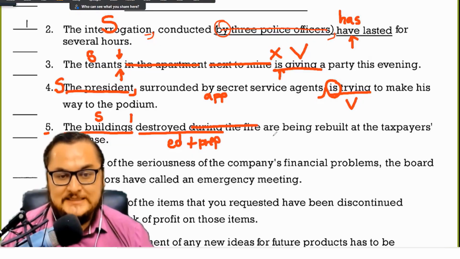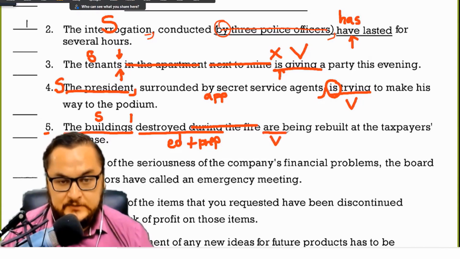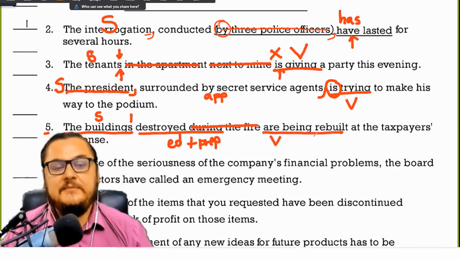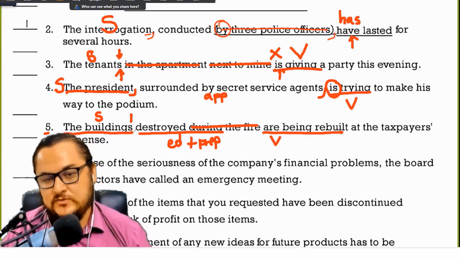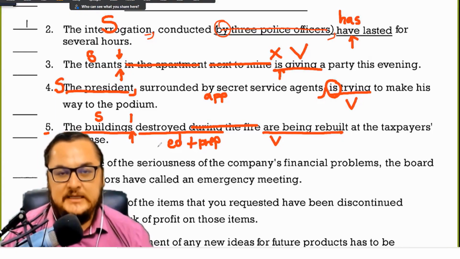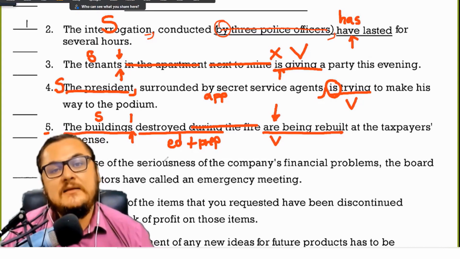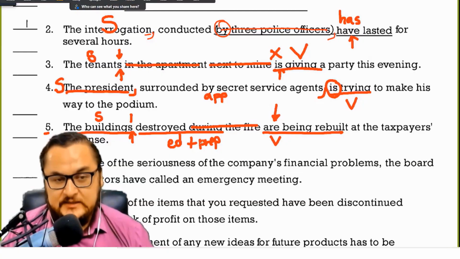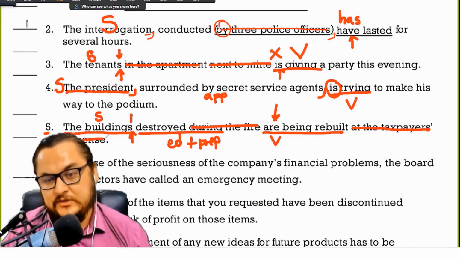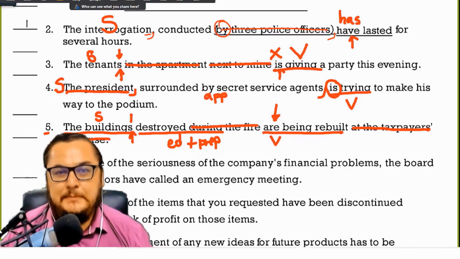Then I can eliminate until I get to the actual verb of the sentence, to realize that the subject is plural, because it ends in S, and the verb is also plural. Then the sentence is correct. Remember that I can eliminate the rest of the information that is not useful to me to understand this sentence.